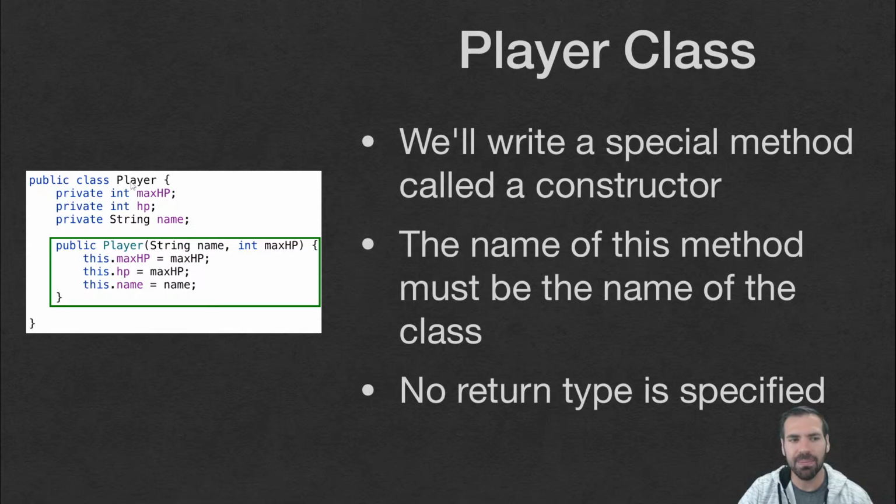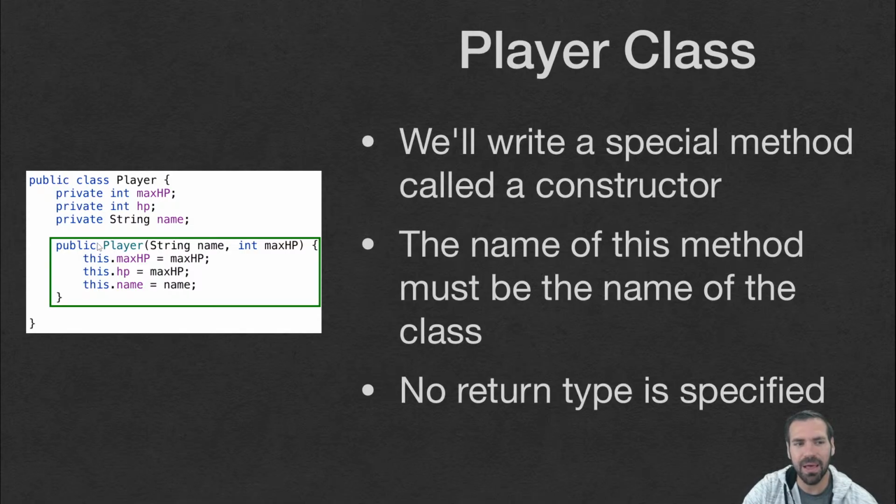This will be the only method you'll ever see me write that starts with a capital letter, because it has to match the class name, which should start with a capital letter. So if you see a method that starts with a capital letter, you're probably looking at a constructor, at least in Java, or somebody with bad naming conventions.